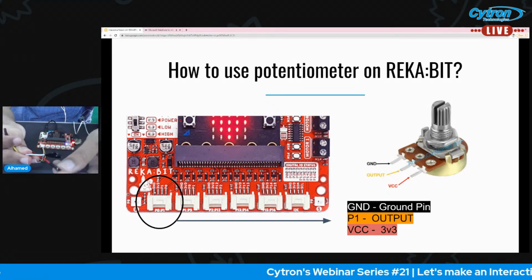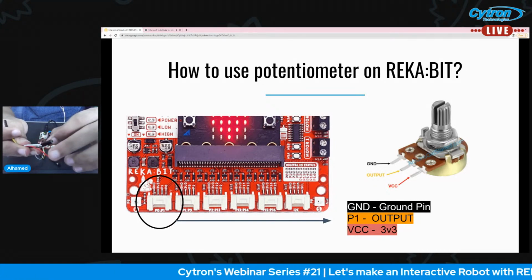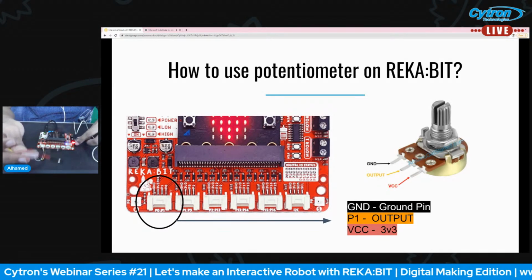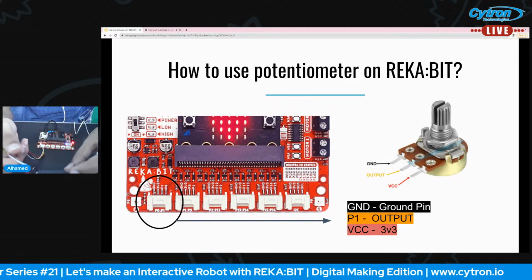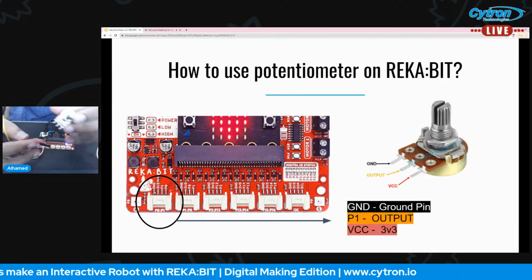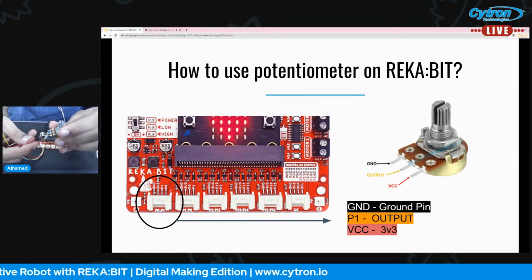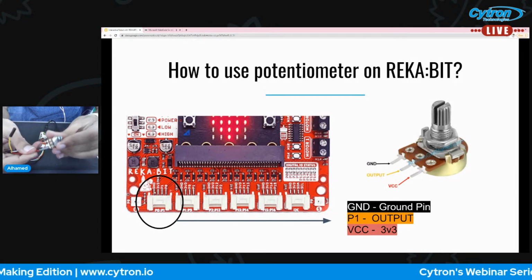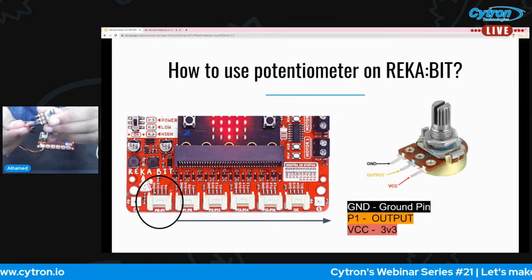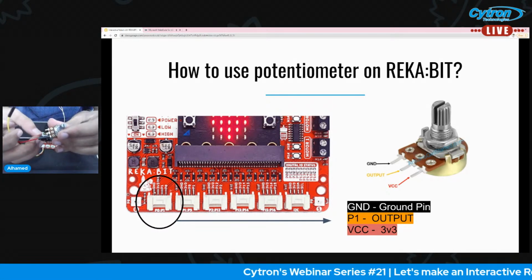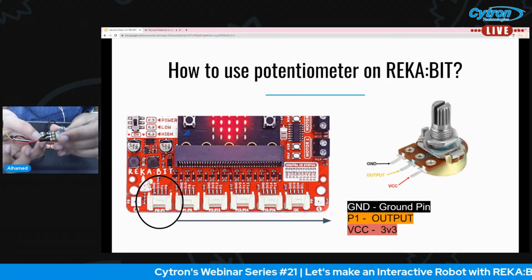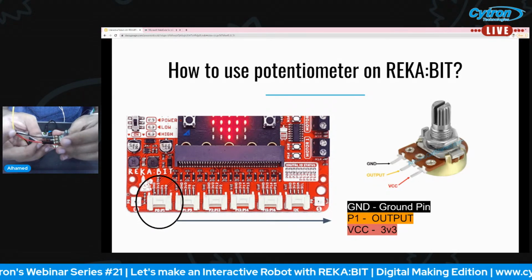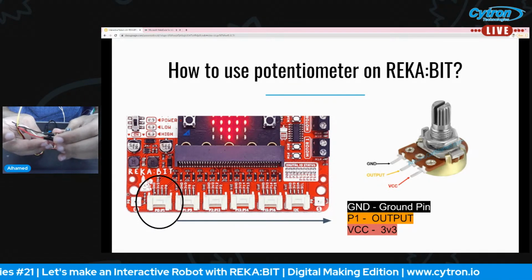The red one, the power supply one, the ground one, and the one that will control the output. So here I have the red wire, and it will go this way, and the black wire will go this way, and the output wire will go in the middle.